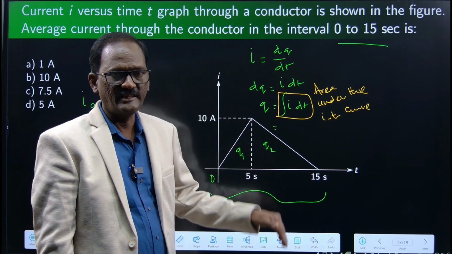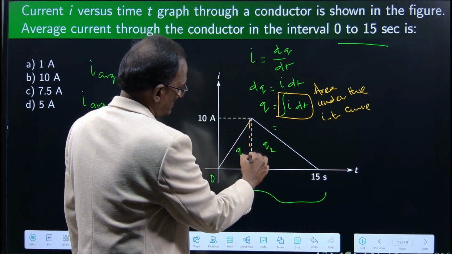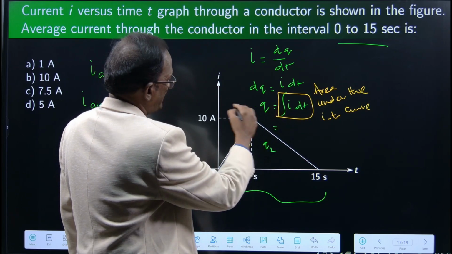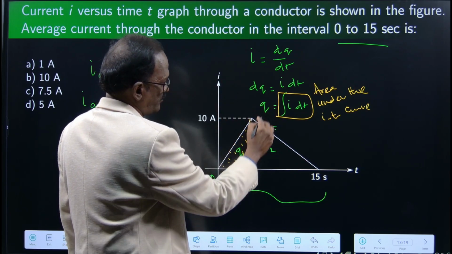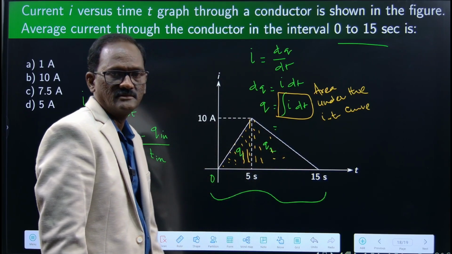Integral means finding the area, right? This area will be Q. Area under the I-T curve is Q.